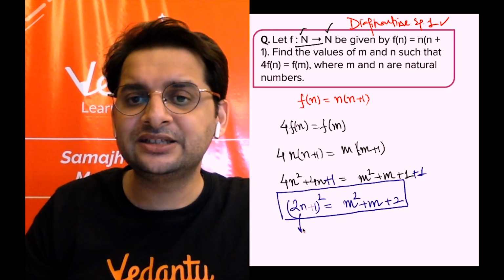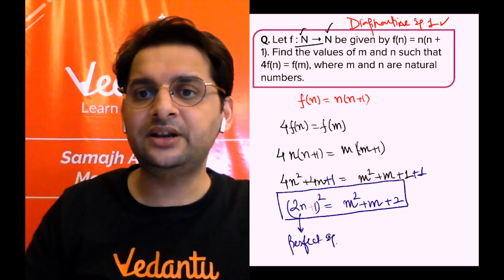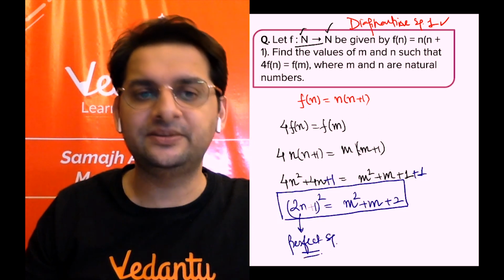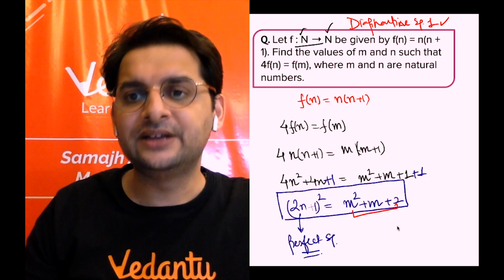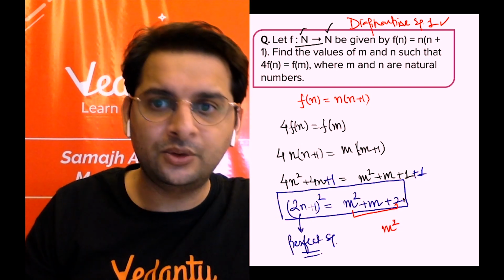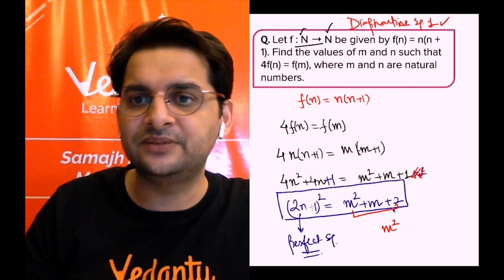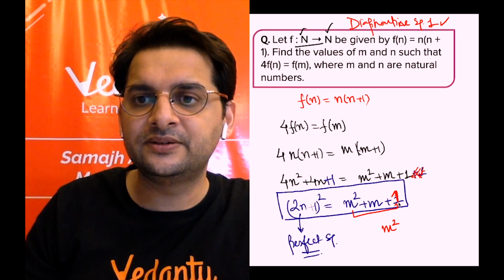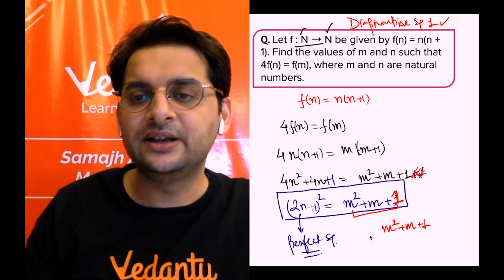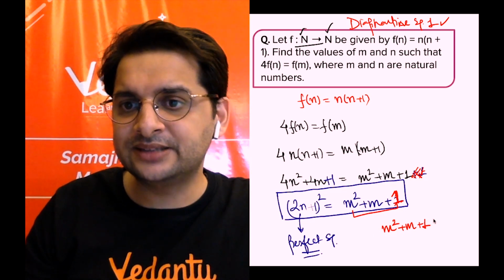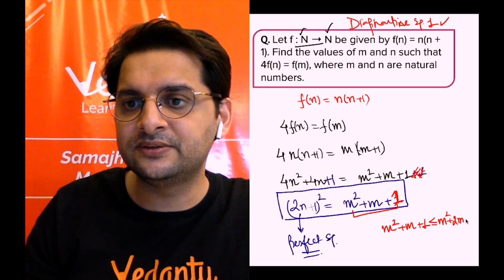So 2n plus 1, can I say this is a perfect square? So this is a perfect square on the left hand side. While on the right hand side, if you look at this expression, m square plus m plus 1, can I say this is less than m square plus 2m plus 1?